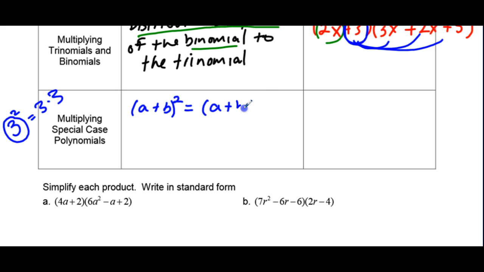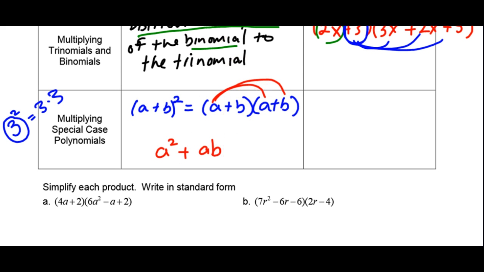So a plus b times a plus b. So from here, we already have a tool that we use called FOIL. We're going to take the first one, multiply that. So a times a is a squared, and I'm not going to write everything out this time, but just follow along. So plus a times b is going to be ab.